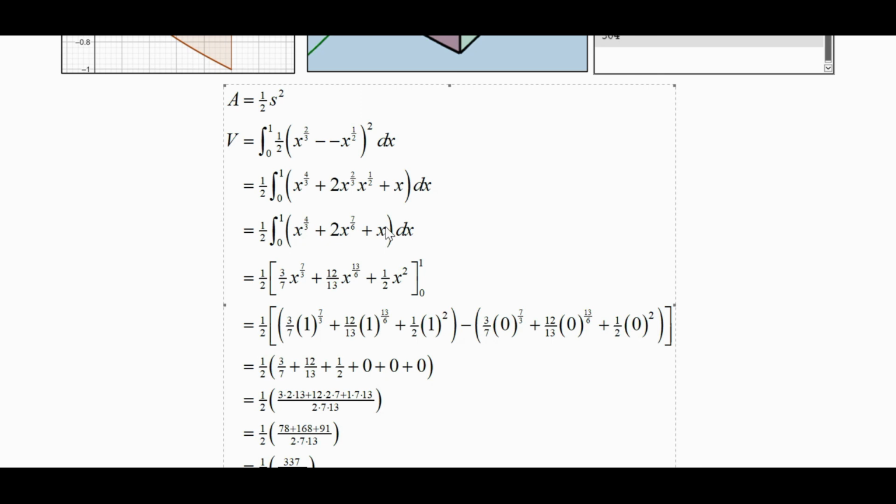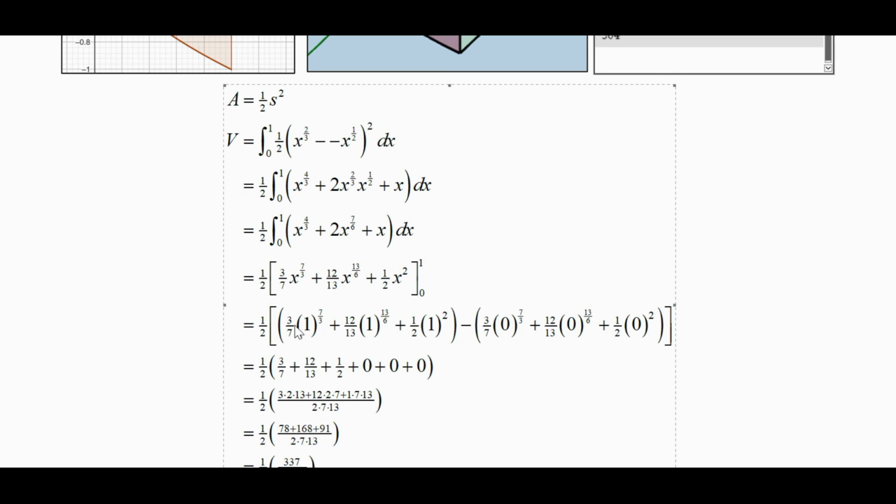And then this one just goes 1 plus 1 is 2, divided by 2 is 1/2 for the coefficient. Notice I had just factored the 1/2 out front, so I need the brackets here. Evaluate from 0 to 1, 1/2 bracket, parentheses minus parentheses. First parentheses is this formula with 1 in place of the x's. Second one is the original formula, but with zeros in place of the x's.